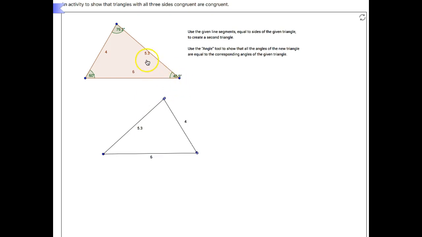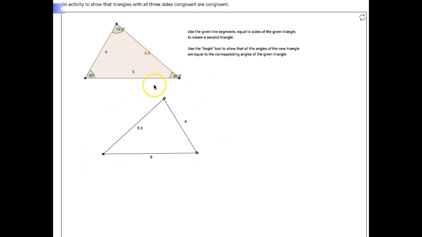Notice that they still have the same side lengths in the same configuration, and they're going to have the same angles because the sides have the same relationship to each other. With a triangle, of course, you have 6 parts, 3 angles and 3 sides, and here we have 2 triangles, and correct me if I'm wrong, but I'm not wrong.